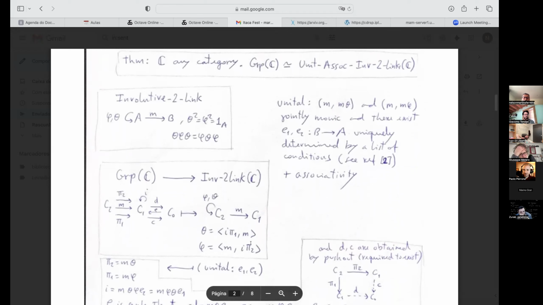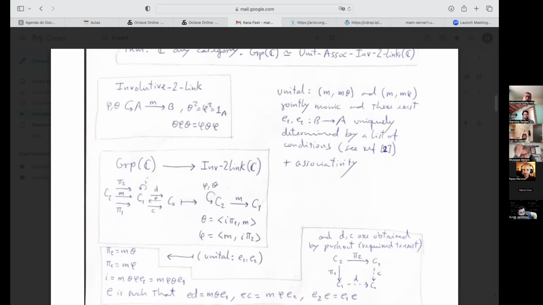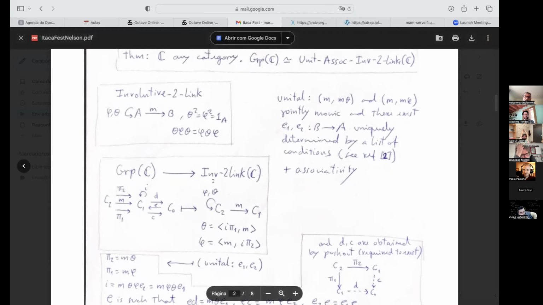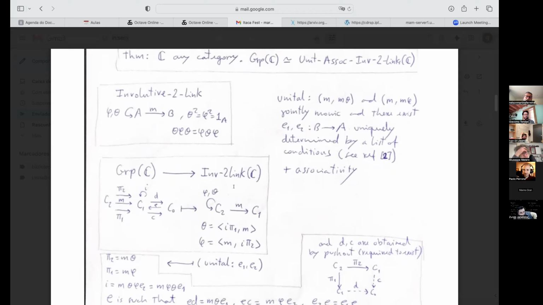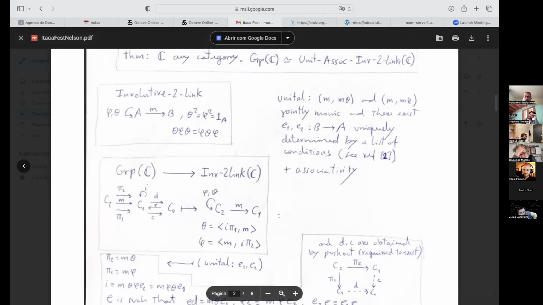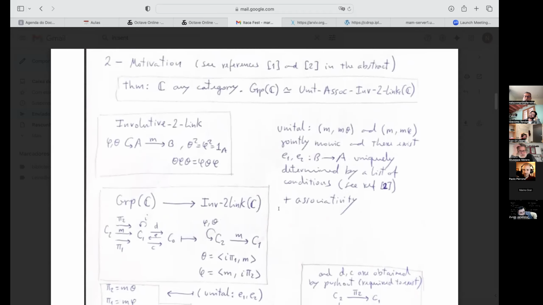So we still remember the involution, the inverse map, but domains and codomains are completely forgotten. Okay? But since this is a full embedding, we can then characterize which involutive two-links are coming from internal groupoids, and the result is unital and associative.